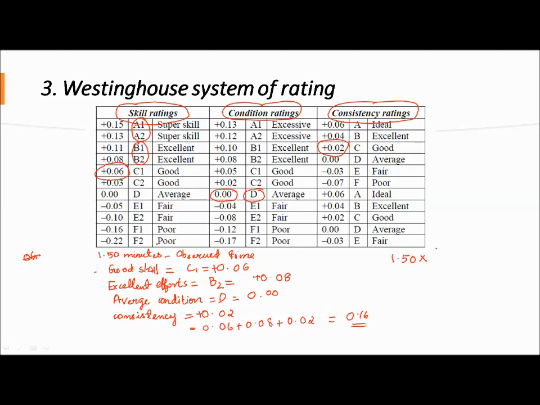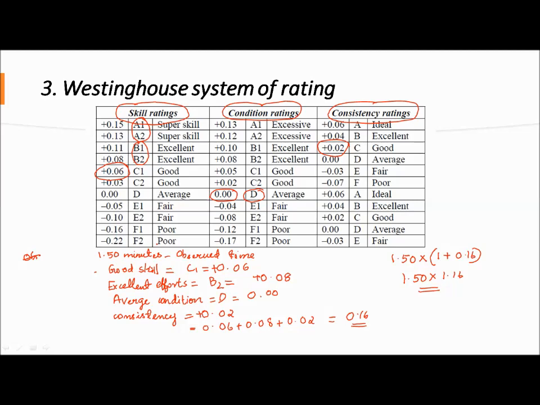That into 1 plus what you got, that is 0.16. So the normal time will be 1.50 into 1.16. So this is how you calculate the normal time if you have the Westinghouse system of rating.